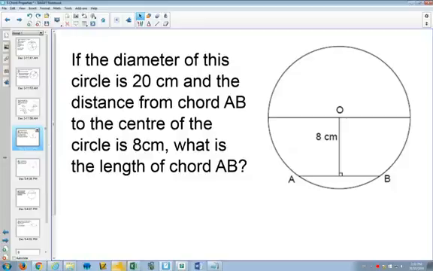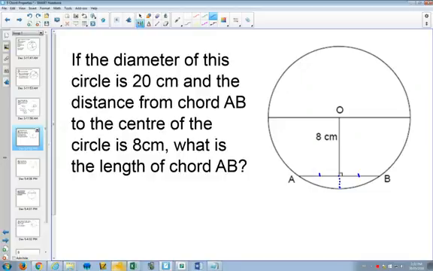Okay? So, from our chord property, since this line is at 90 degrees, if you extended it, you would make a radius. What does that do to this chord AB? Cuts it in half. So we know this side and this side have to be the same.